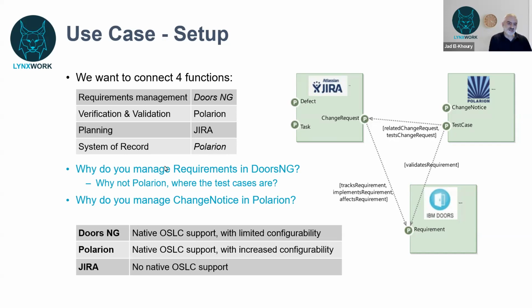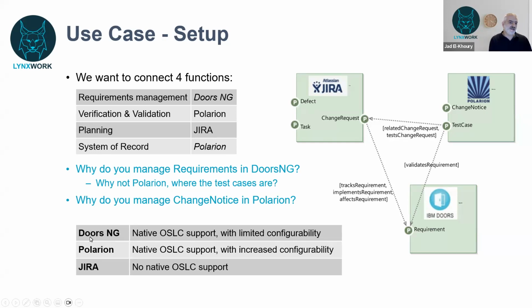Could be historical reasons or anything. So I hope you can relax on this. You need federated, that's for sure. I don't want to end up in a discussion of where you put things. I'm just trying to find an example where we have a federation. Again, why are change notices in Polarion? We can discuss that, or let's accept it as a setup for now.